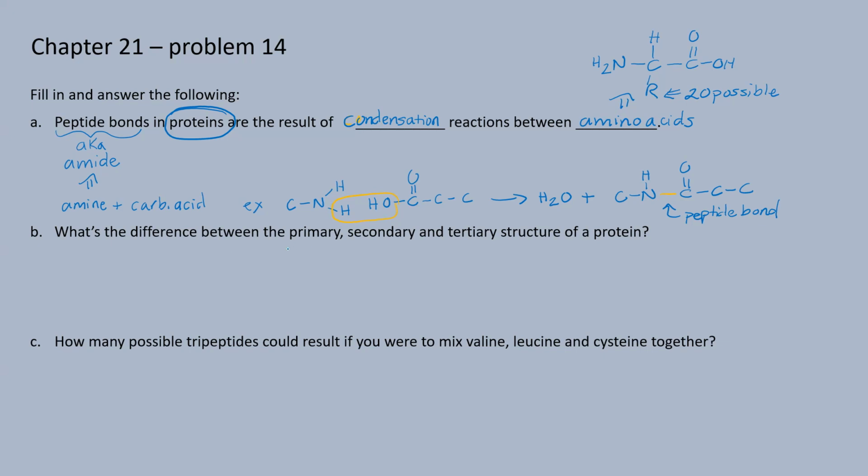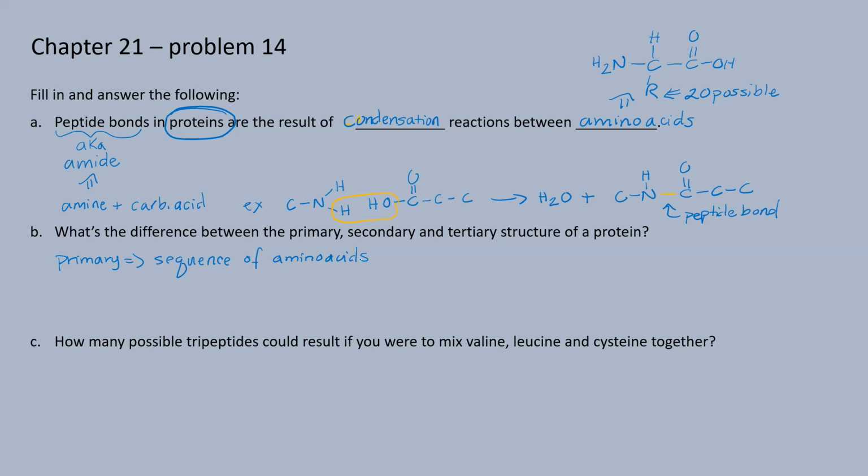We want to know that primary refers to the sequence of the amino acids. A protein can have hundreds of amino acids.